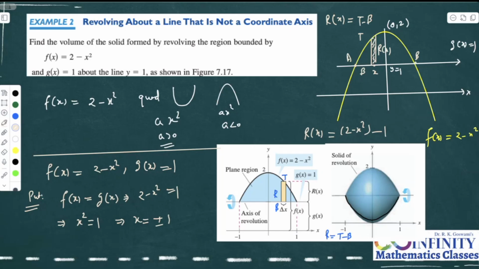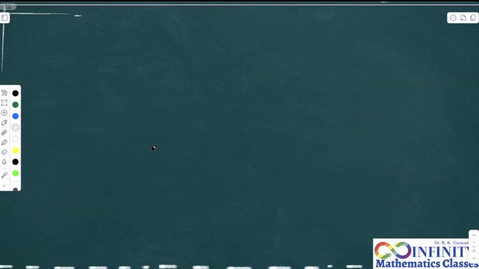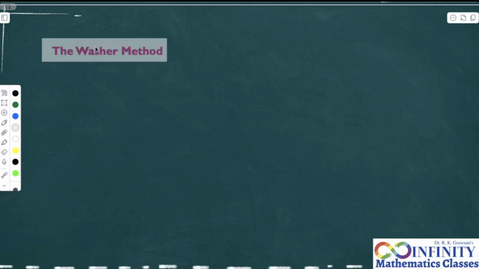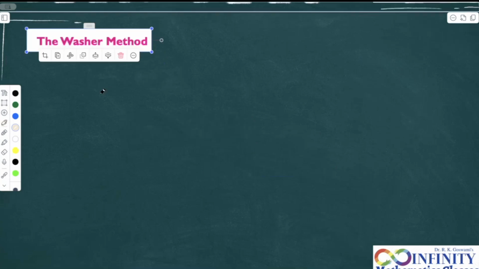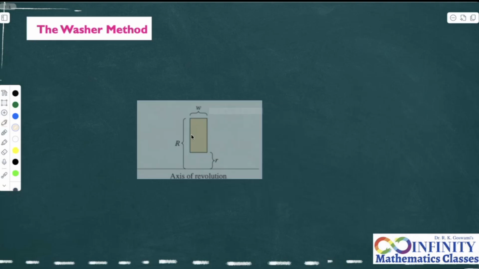Okay. And the next question is this is going to be the washer method. Actually, this method is almost the same. Whatever we have learned, it is almost the same. Axis of revolution.